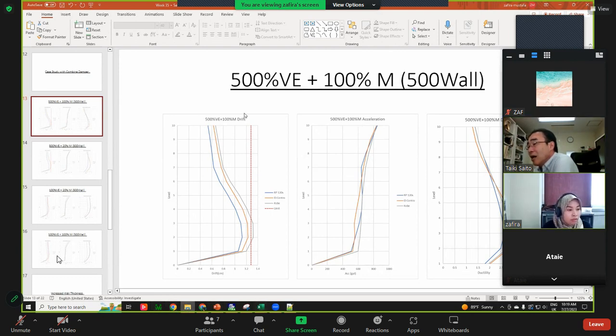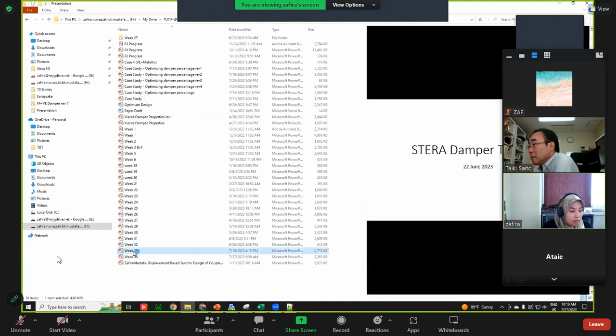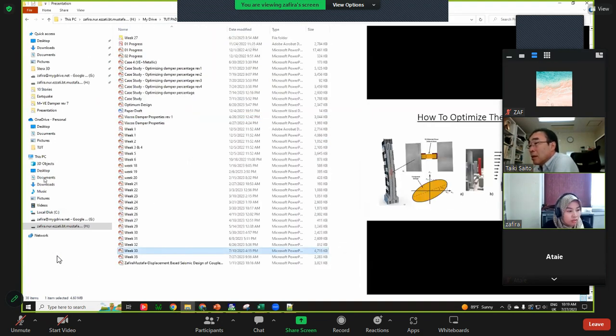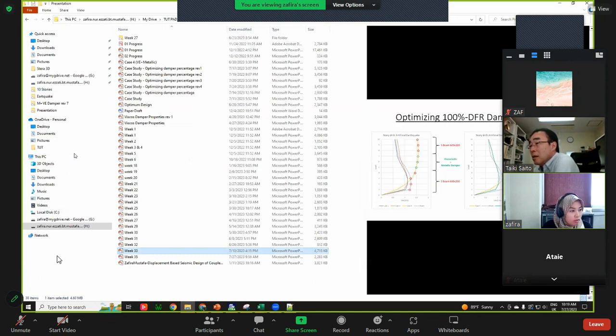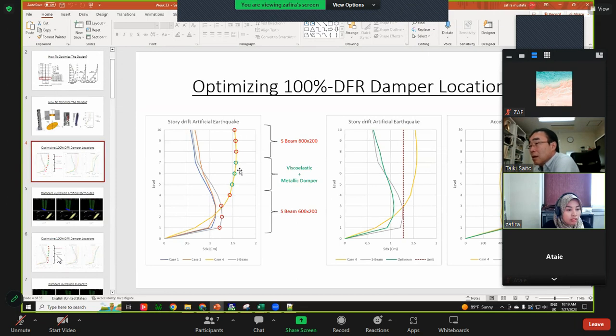Let me open. So this one, we just put the viscoelastic hybrid damper in the middle, others are still beam.